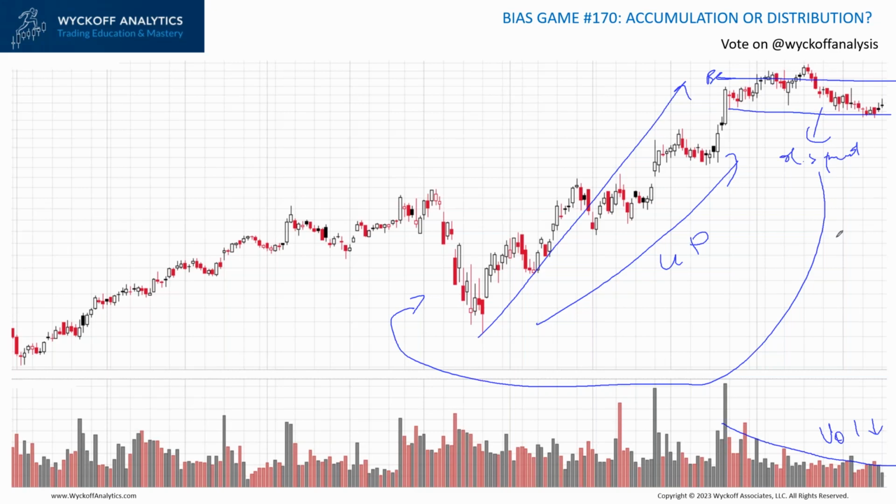I'm suspecting somebody has been following the Twitter bias games. Low volatility, the low volume threw me off, I guess. I thought it was going to stay moving up. Downward reaction is weak. Yeah, okay.